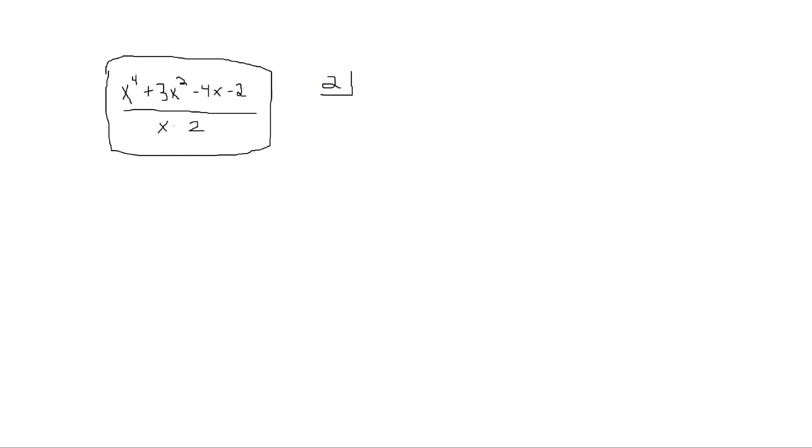Right, he had an x minus 2, so he'll use a positive 2 in the box. And then he says, okay, I'm going to put a 1 here because there's a 1 in front of the x to the power of 4. And then he puts the 3, and then the negative 4, and then the negative 2, like that, right? And then he does synthetic division.